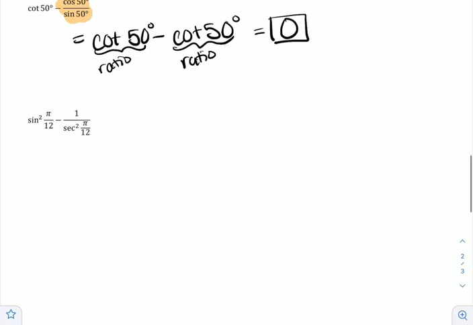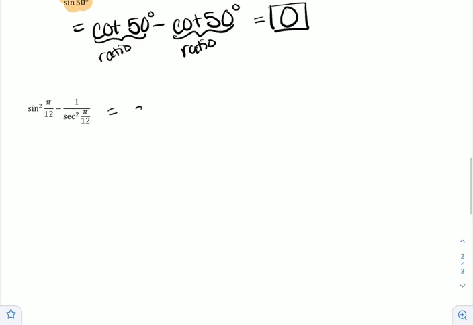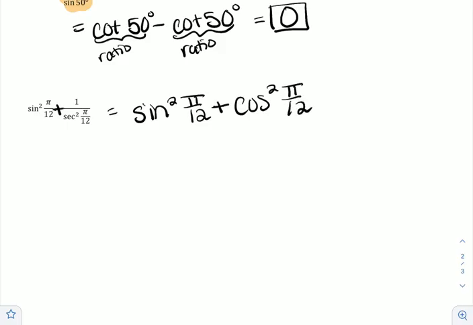Okay, let's take a look at the next one. So I have sine squared of pi over 12 minus... So 1 over secant is cosine. So 1 over secant squared is cosine squared. So I have cosine squared of pi over 12. And I'm sorry, this is supposed to be a plus. But sine squared plus cosine squared is 1.